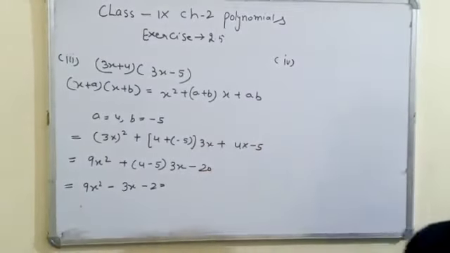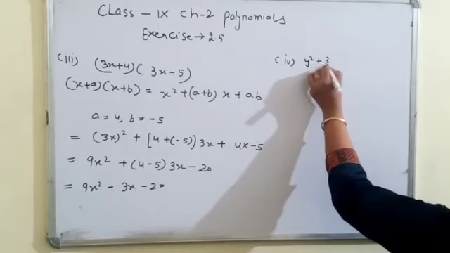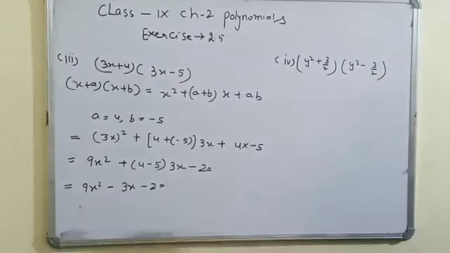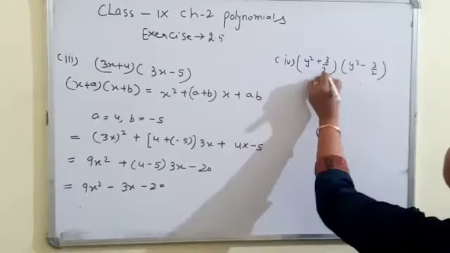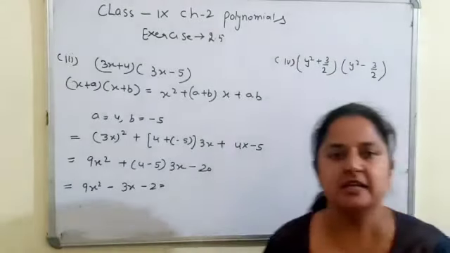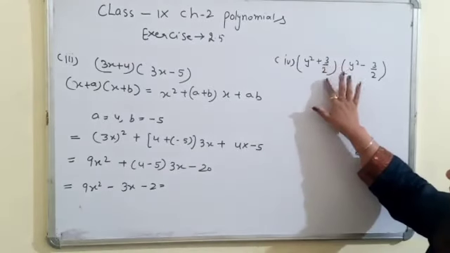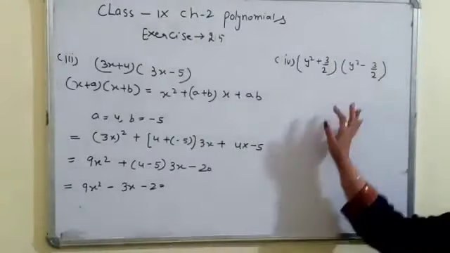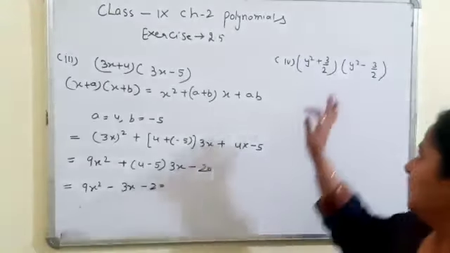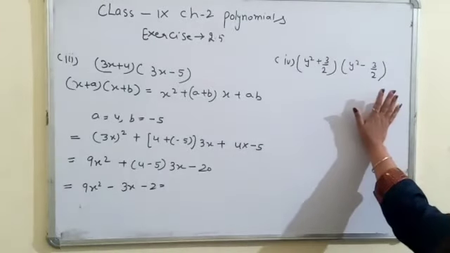Let's see the fourth. (y square plus 3 by 2)(y square minus 3 by 2). Also you can easily identify which identity we can use here. Yes, this is in the form of (a plus b)(a minus b). You can see the variable and numerals are the same here. The only difference is the sign: in the first term it is positive, in the second term it is negative.